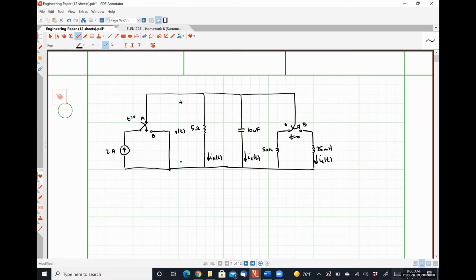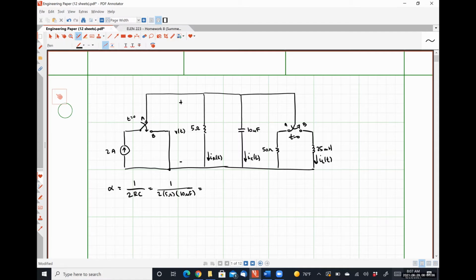Because it is a parallel RLC circuit during the transient condition, after the switch is closed, we know that alpha is going to be equal to 1 over twice RC. So that would be 1 divided by 2. What resistor is still in the network? 5. And the only capacitor is our 10 microfarad.